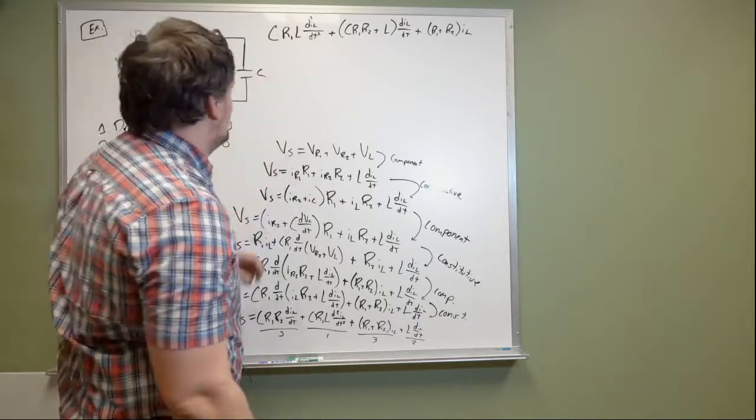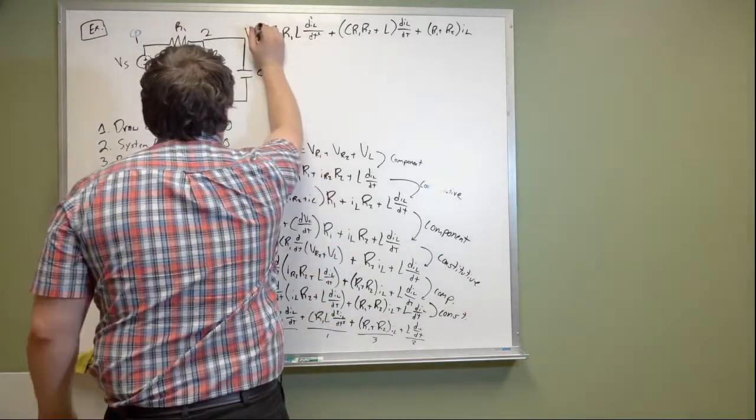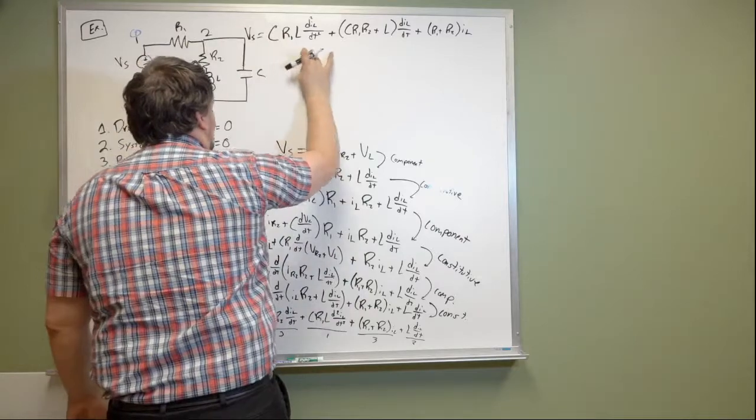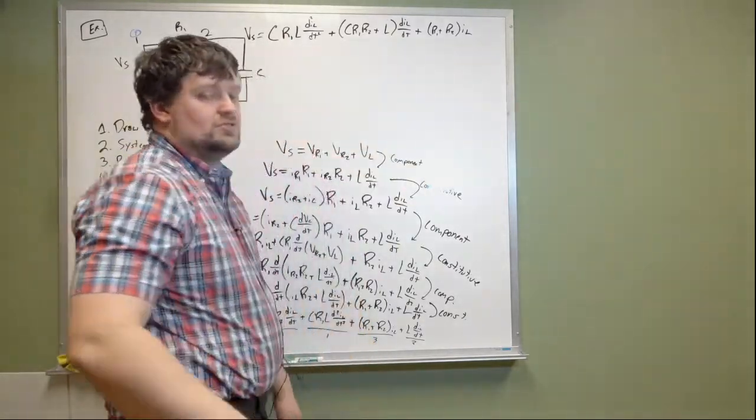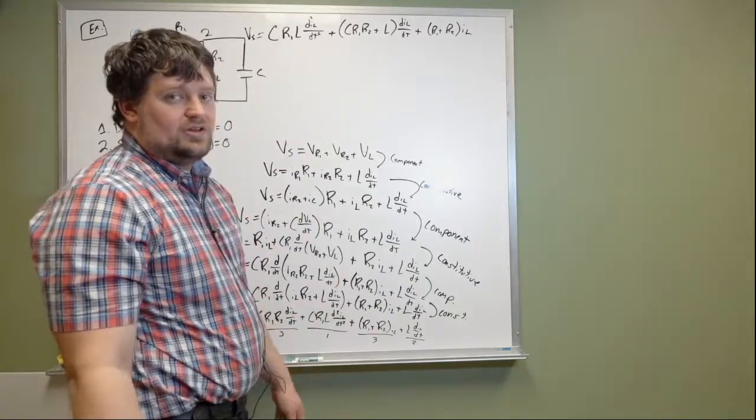Now, I am going to do one more thing as far as deriving this equation. I want to get rid of the term in front of this, and I want to put this in terms of 2 alpha and an omega naught.